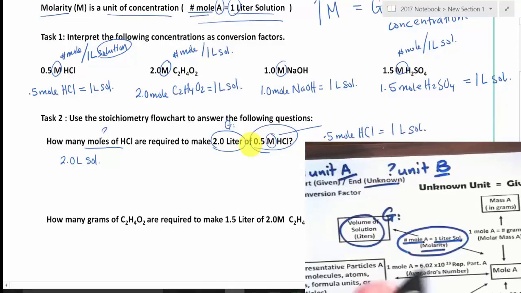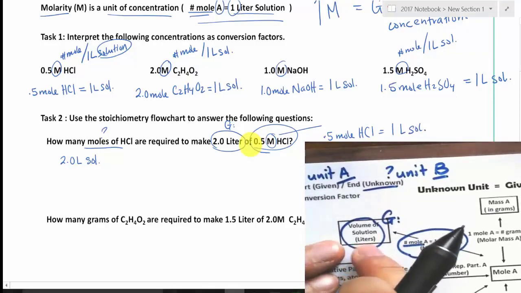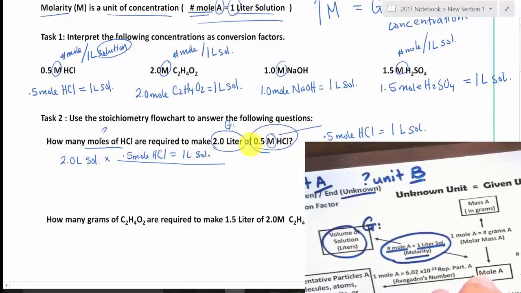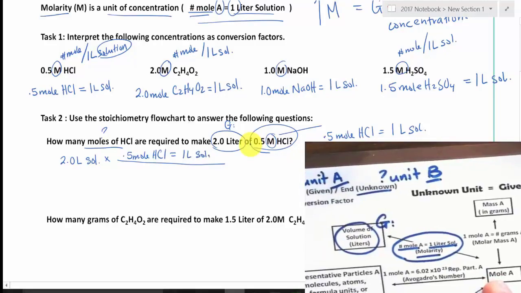So if we take that, starting right here, and multiply by that conversion factor, which is 0.5 mole of HCl equal to 1 liter of solution, then we will get our moles. Isn't that easy? And that's all it is.